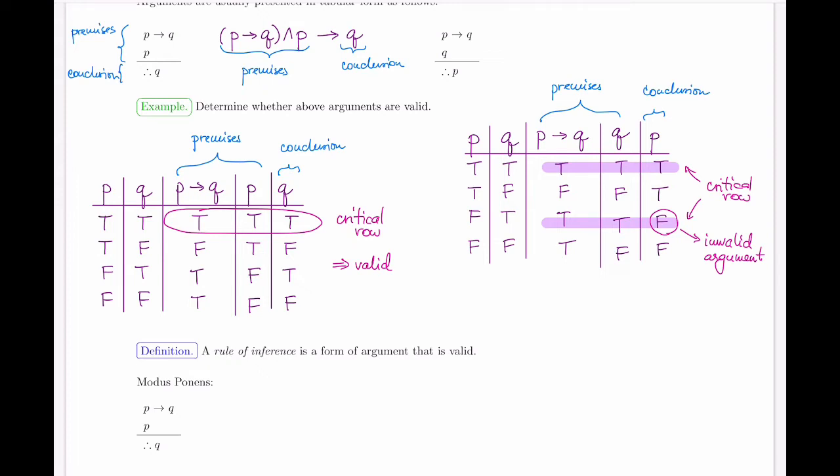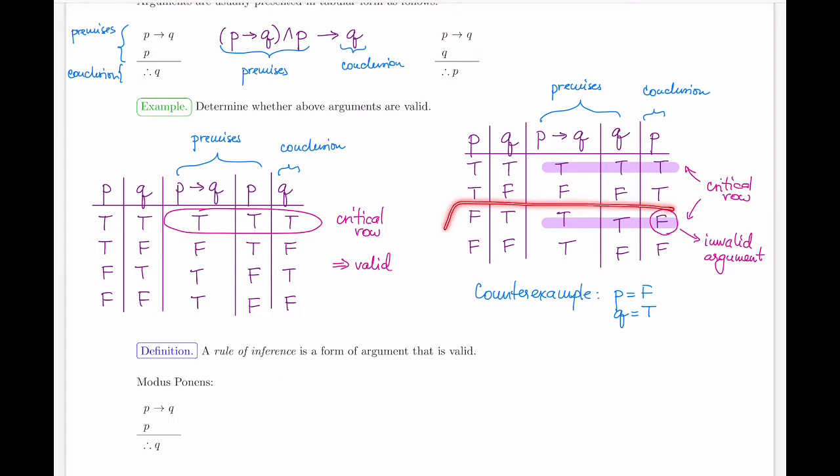So remember that the problem was in this row right here, where both of the premises were true, but the conclusion was false. The P and Q values that correspond to this row will appear right in the beginning of the table. So I can list as my counterexample here the value for P and Q that produced the critical row that indicated that the argument is invalid.